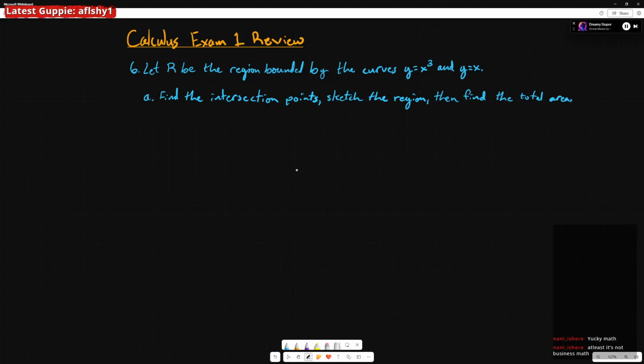So let's start by making a graph. Please save me with straight lines. Nope, doesn't save me. There it goes. Okay. And we know y equals x is just going to be this. And we know that y is equal to x cubed. It's going to start at 0, 0.